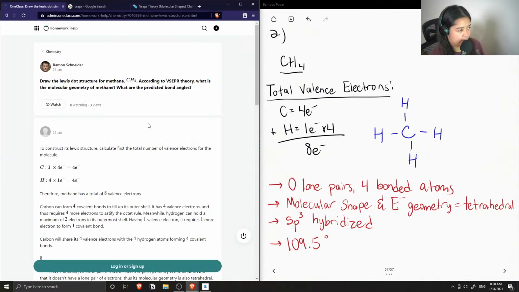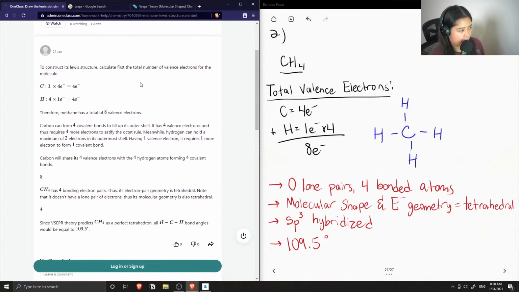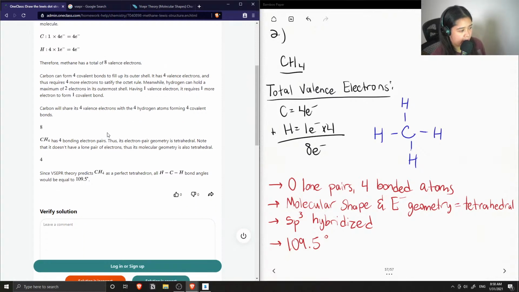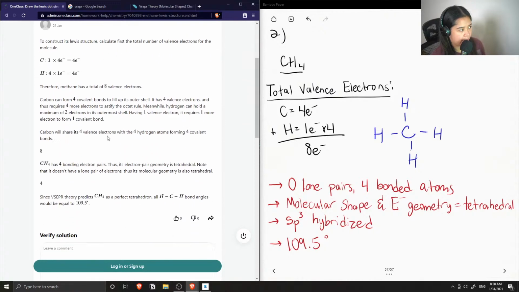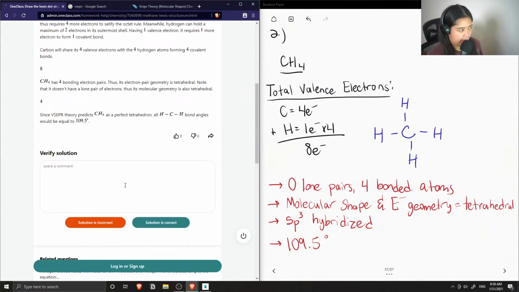Okay, so the junior tutor said that we first need to calculate the number of valence electrons, so they got 8. And I don't think the picture is showing, but it sounds like they got the correct answer. Tetrahedral electron pair geometry, and bond angles equal to 109.5.